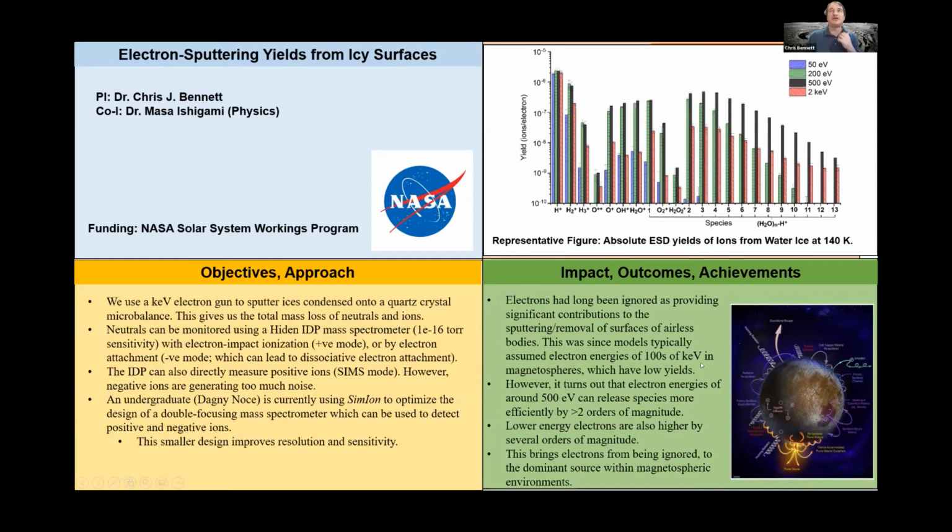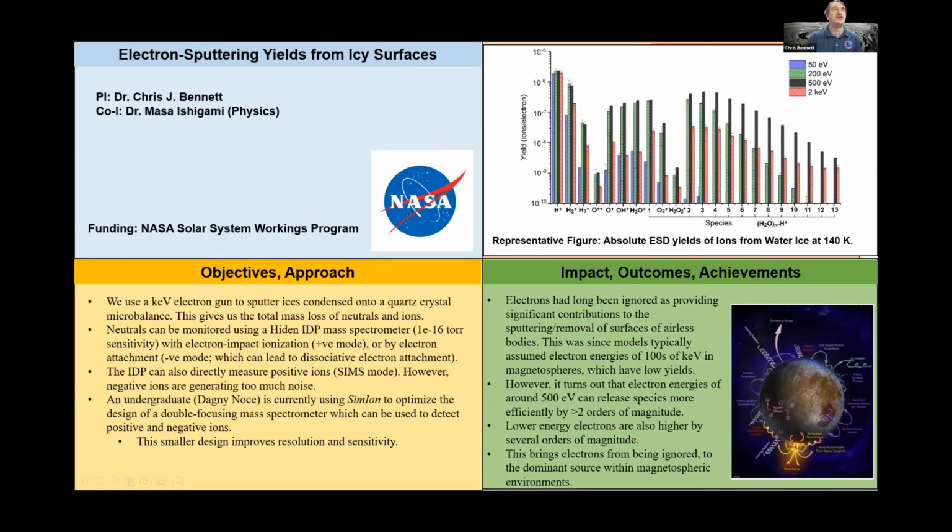These include electrons that are hundreds of thousands of keV in energy. People will ignore the electrons because at those energies, they don't really do very much. But part of what we've shown is that if you focus on the lower energy electrons, at 200 and 500 eV, the yields you get of ions and neutrals are much, much higher. And so we've done some work on that.